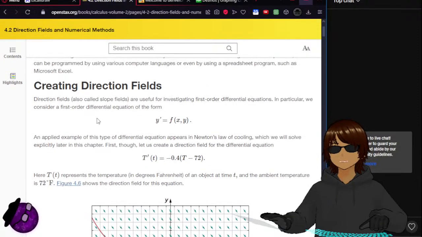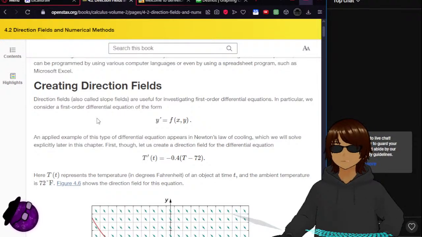Direction fields, also called slope fields, are useful for investigating first order differential equations. In particular, we consider the first order differential equation of the form derivative of y is f of two variables x and y. An applied example of this type of differential equation appears in Newton's law of cooling, which we will solve explicitly later in this chapter.